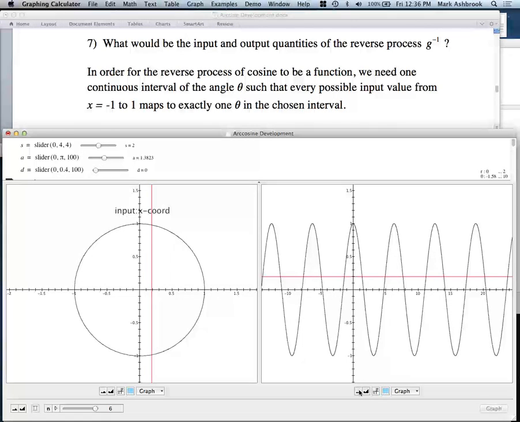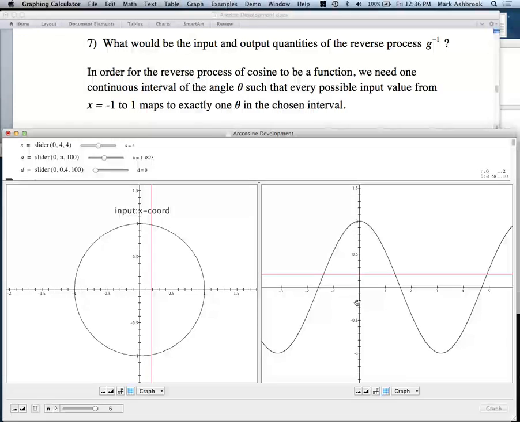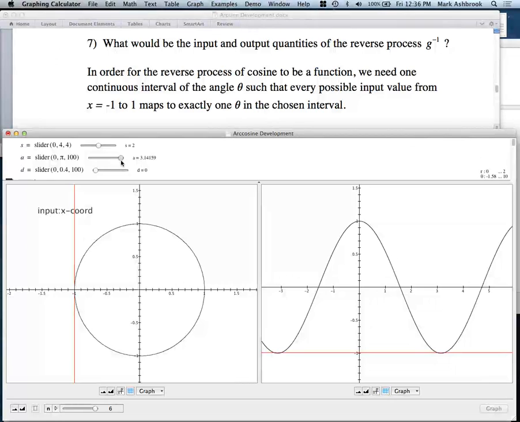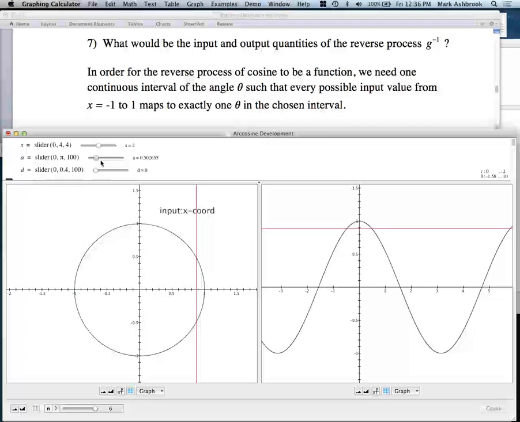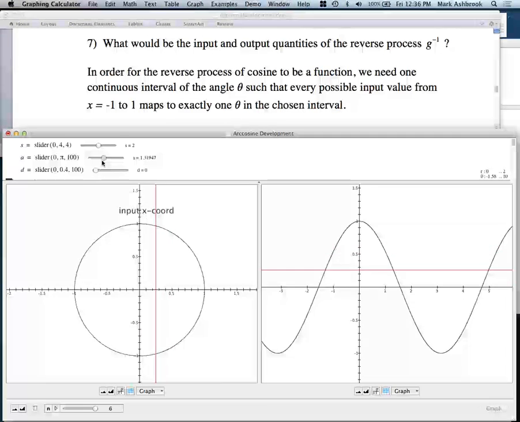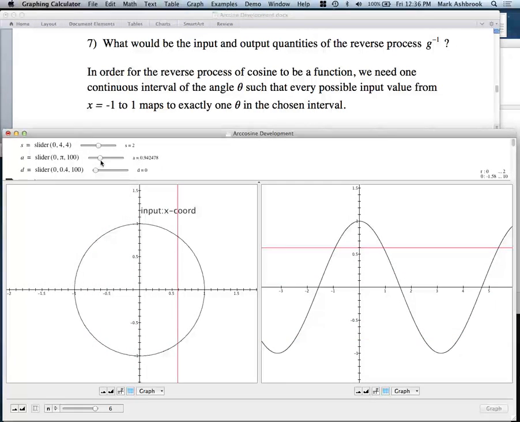So I'm going to let you talk for a sec and see if you can determine what interval of angle, what piece of this graph over here, will just give one angle output for each input x-coordinate that we could pick. Okay? So see if you can figure it out. Go, talk about it. There's a best choice.